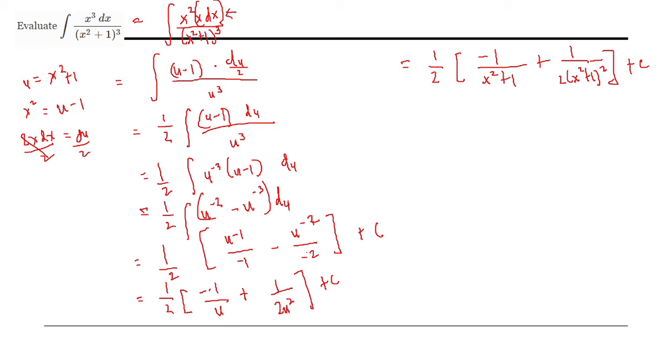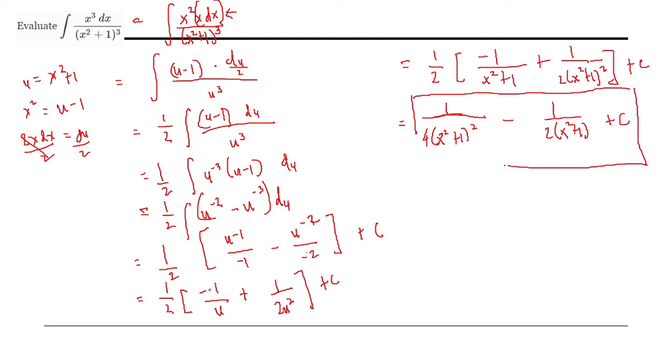So what's next is, the final answer would be 1 over 4 times x squared plus 1 squared minus 1 over 2 times x squared plus 1. Okay, so actually, you can still simplify that one, but this can be your final answer for this kind of equation.